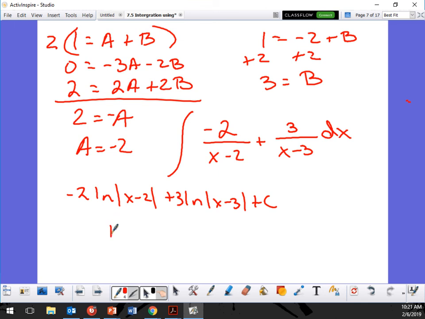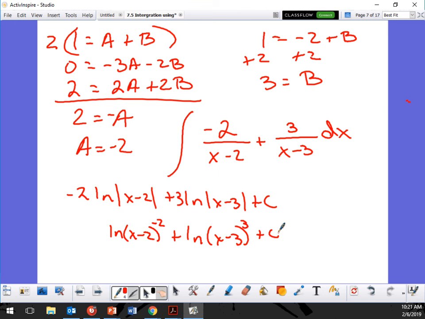So it's going to be ln of x minus 2 to the negative 2, plus ln of x minus 3 to the third, plus c. But now I still have that plus sign, so it's going to be a multiplication. But then I have a negative exponent over here.